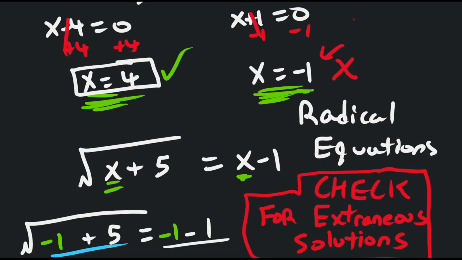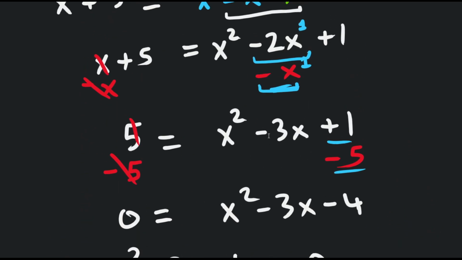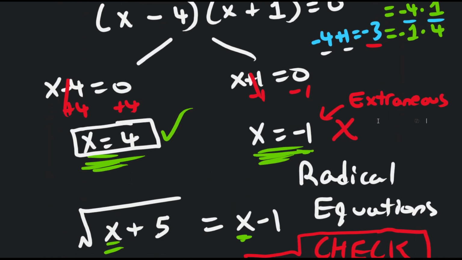X equals -1 is extraneous. Even though we got x equals -1 by solving the quadratic, by algebraically solving for x, when we plug it back into the equation, x cannot equal -1.